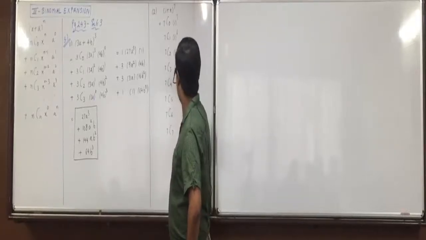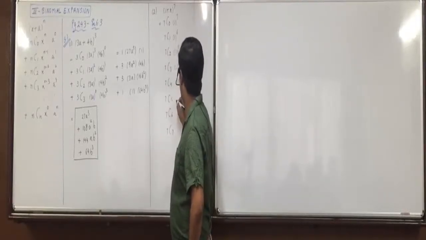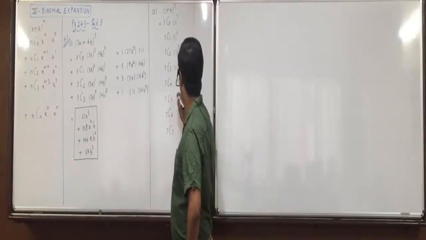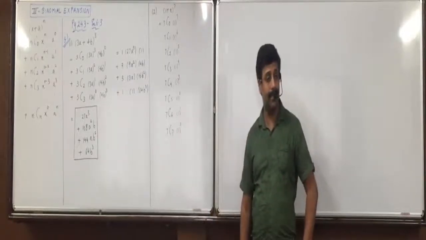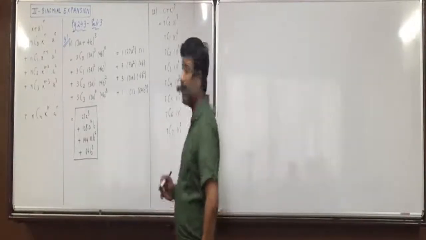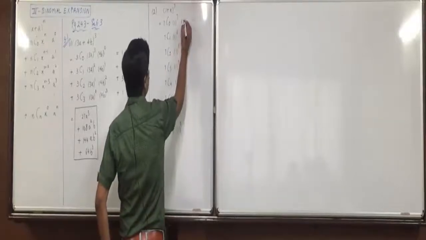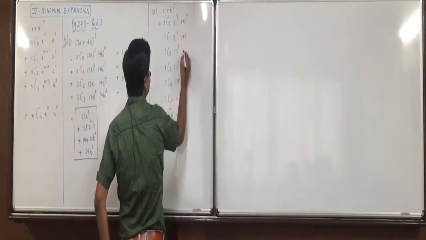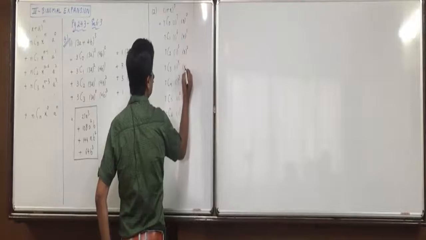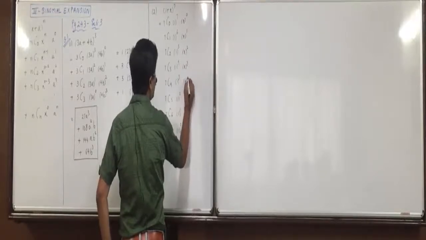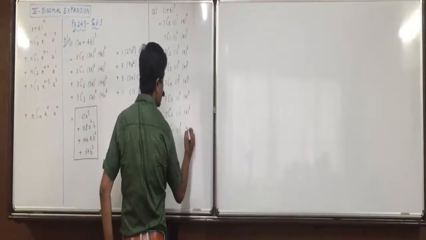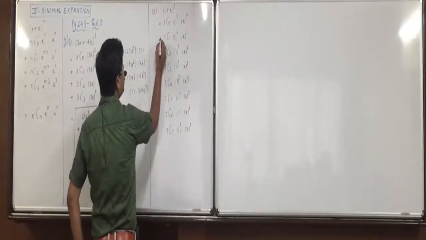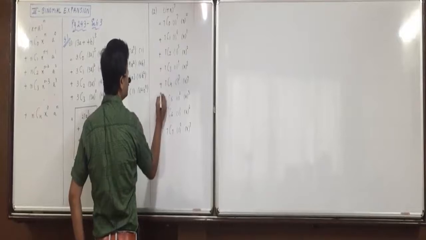Yes, 1 raised to 5, 4, 3, 2, 1 and 0. Did everyone understand this? Nikhil? x raised to 0, till x raised to 7: 1, 2, 3, 4, 5, 6, 7. Between everywhere, plus.